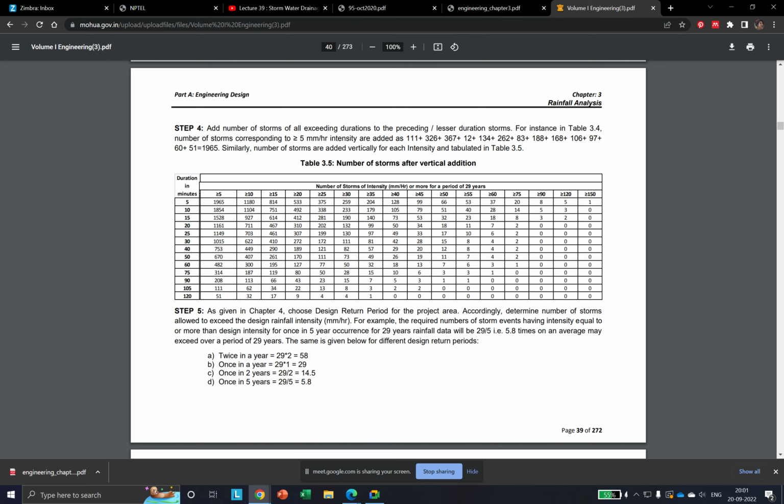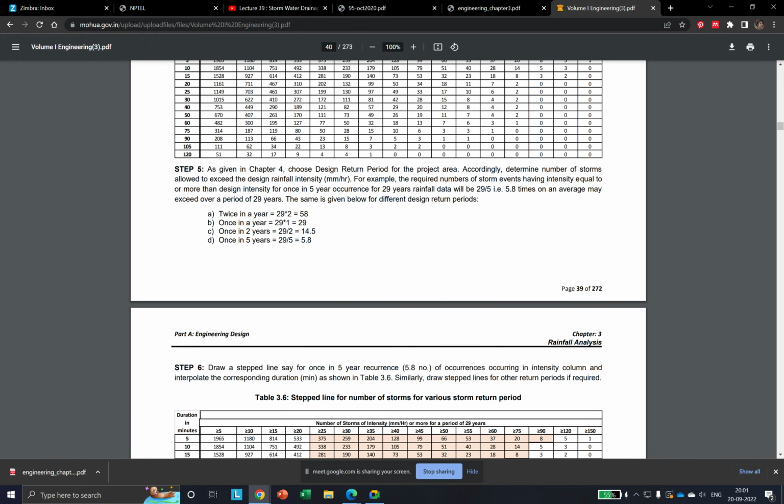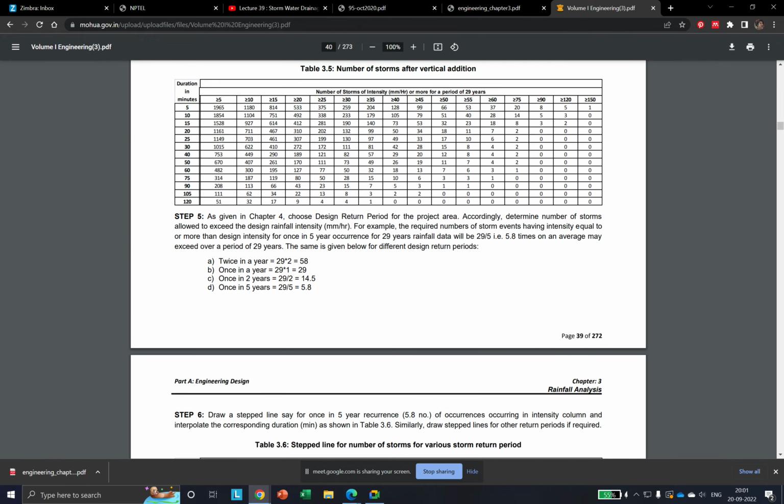Again, you need not worry more about this, because we are starting from this point, where our design, or the IDF curve design, comes. Given this data, I took this mainly to show that this is for the 29-year period that we have.